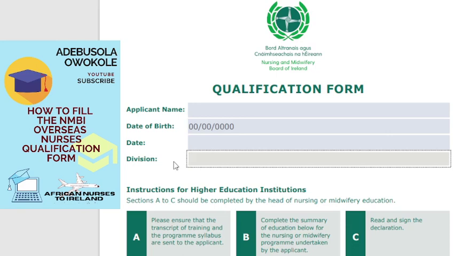Some people asked me whether it is necessary to have the syllabus as well as the transcript. I would say, to prevent any delays in your application with the NMBI, it's better to have your syllabus of training and your transcript of training as well. Some people said on the groups and on the Telegram platform that for those in Nigeria, you can write a letter to NMCN.